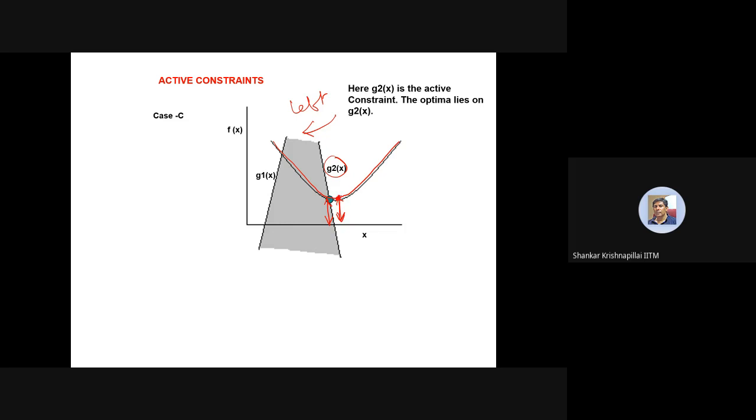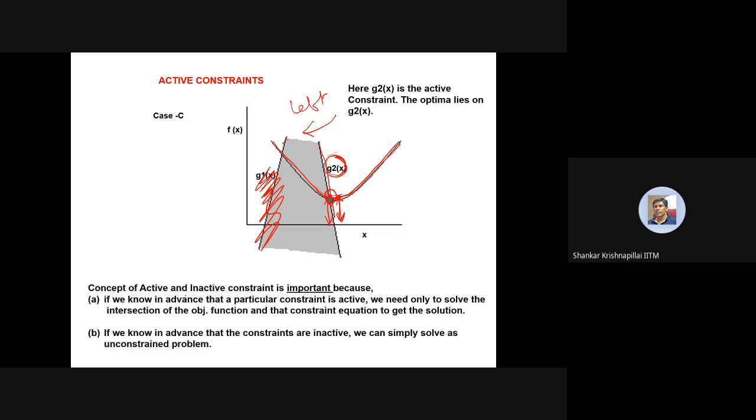But because of this constraint, this green dot is the minima, and it occurs at the intersection of G2x and the objective function. So if you know in advance that G2x is an active constraint, then you can totally ignore G1x and solve for the intersection of G2x and the objective function. That is a simple algebraic problem, and you can get the solution.